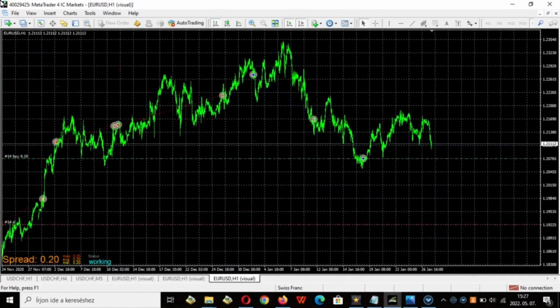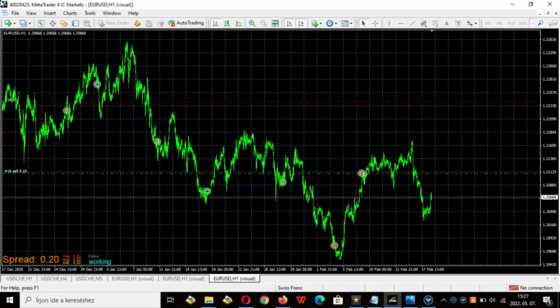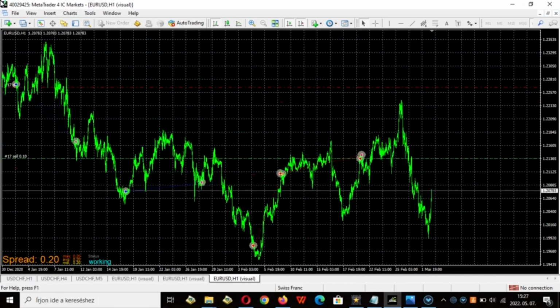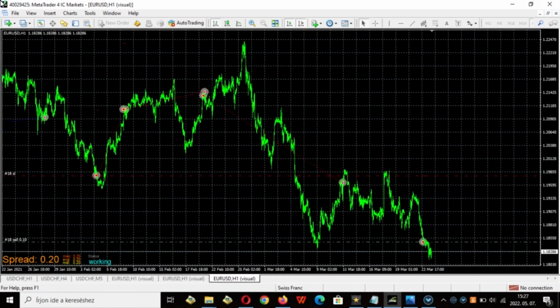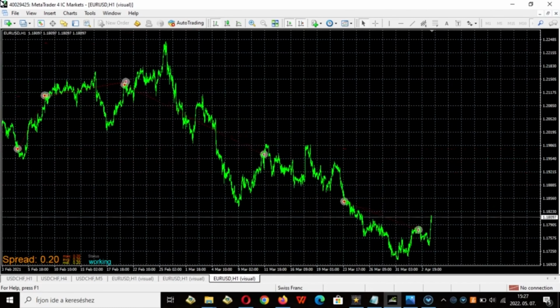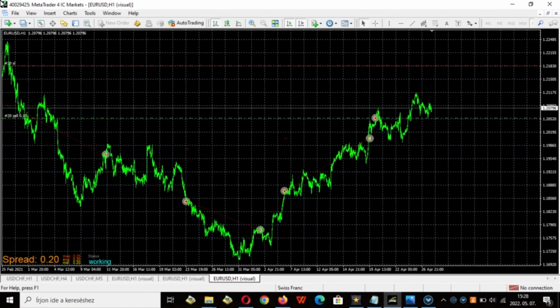As you see, the profitable trades were approximately 58%, and the risk to reward ratio is better than 1-to-1.